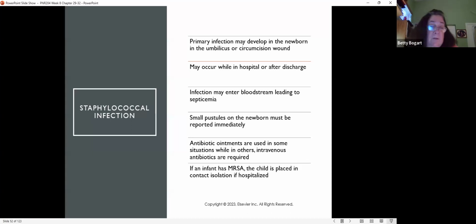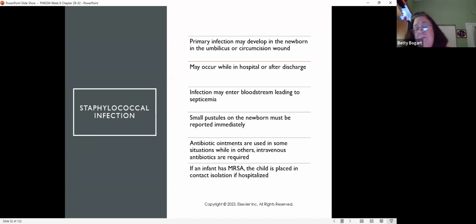Now, staph. We've talked a lot about strep. Let's talk about some staph. One of the most common infections is a staph infection. We see it in the umbilicus or after a circumcision. These are open areas that aren't paid attention to as closely as they should be.